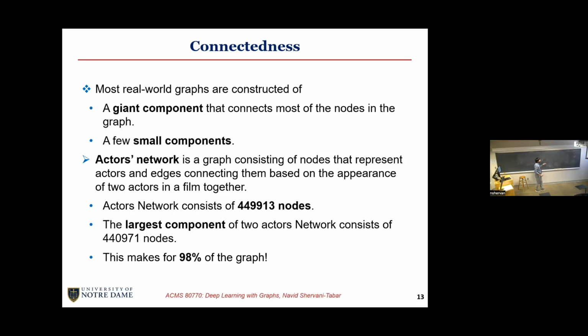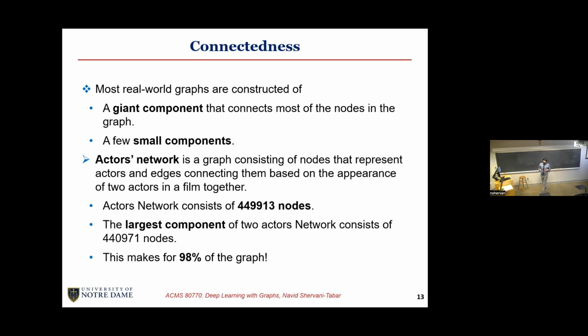Now, this graph has about 449,000 nodes in it. And when we look at it, after connecting these together based on the movies they have played in, we see that 440,000 of these nodes are connected in the largest component.